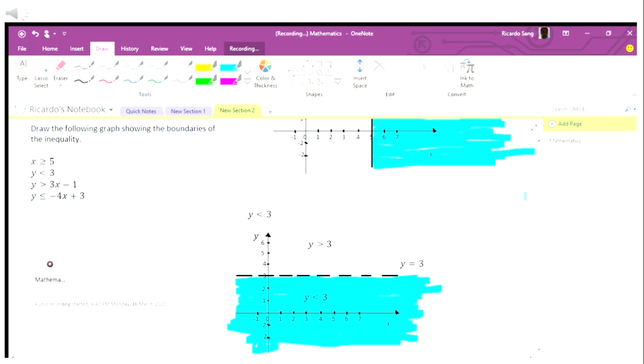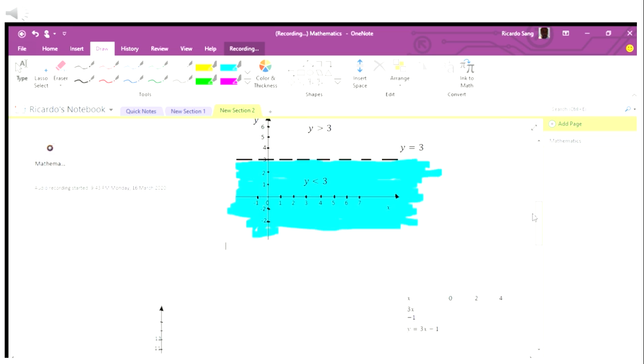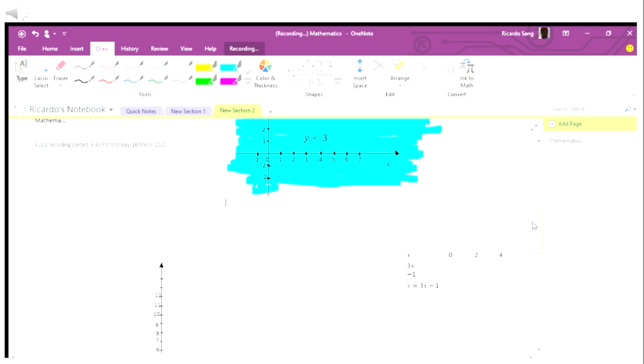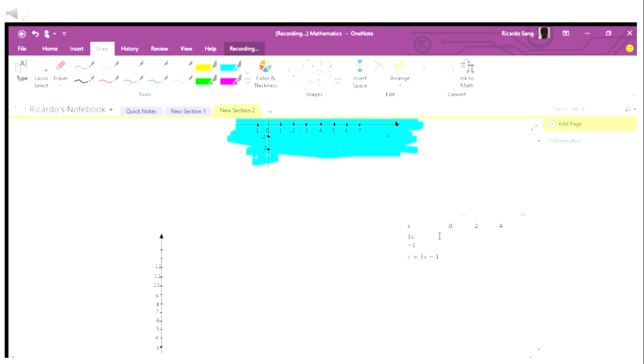Now, if you go back to the corner here, you see we have a linear inequation, right? Where it says y is greater than 3x minus 1. To draw the graph of that, you have to first do some calculations. And so we have a table here, where we give the x values.